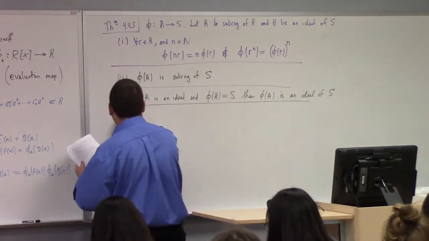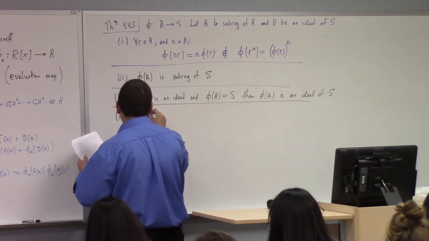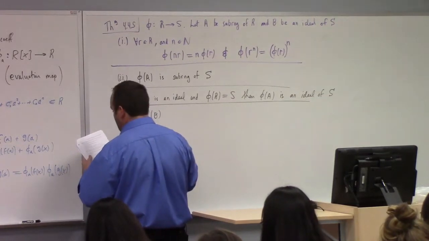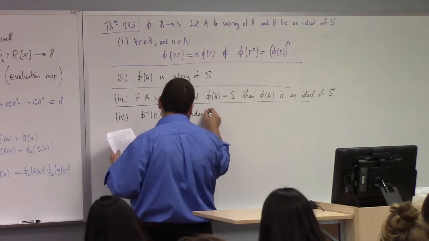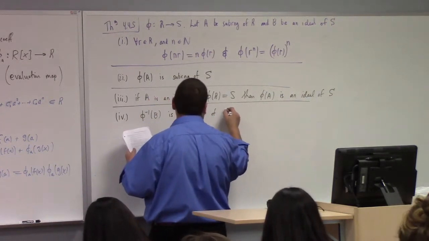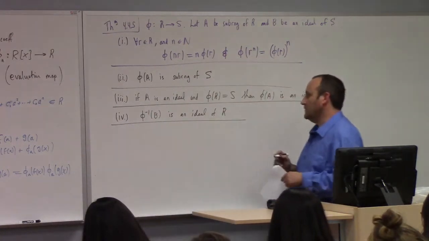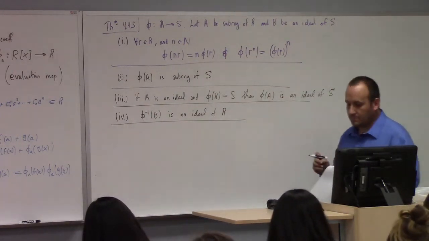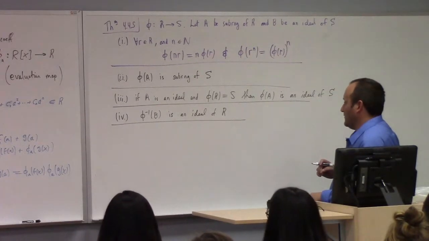4, less strings attached to this one, the inverse image of the ideal B is an ideal of R. Again, we had this theorem for groups. We had that the inverse image of a normal subgroup was a normal subgroup.